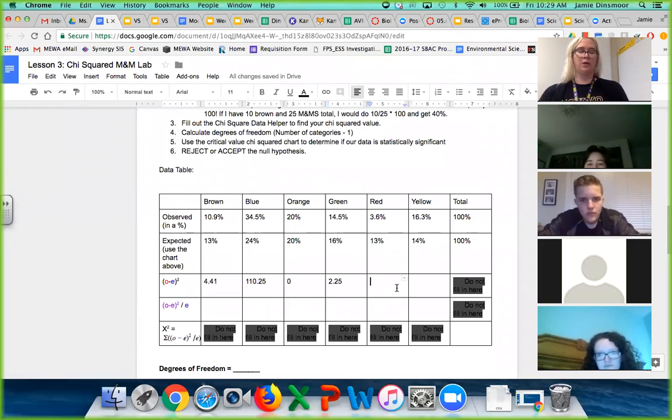You calculate red and yellow and tell me what they are for my data.